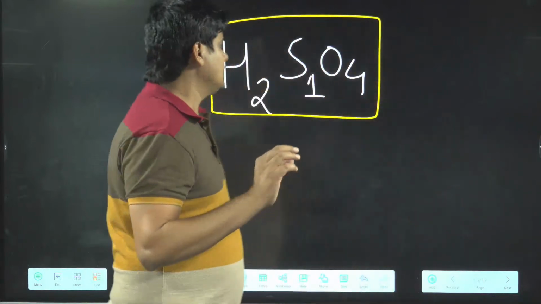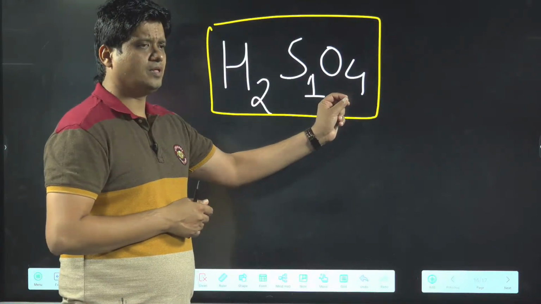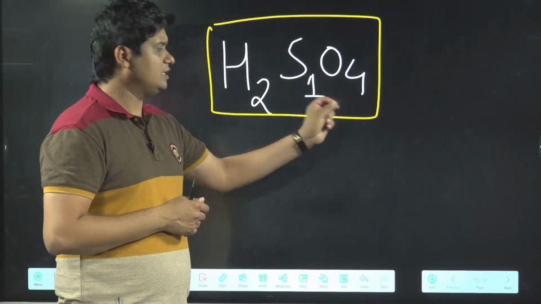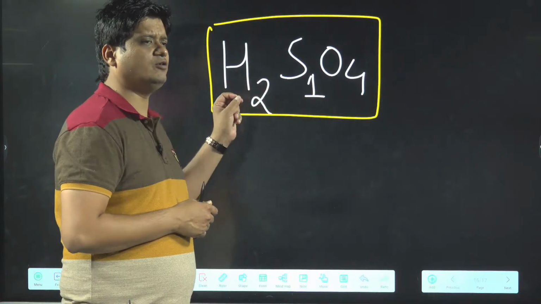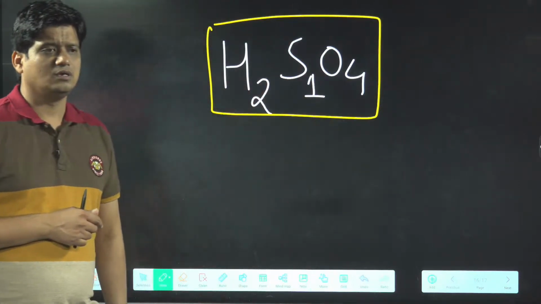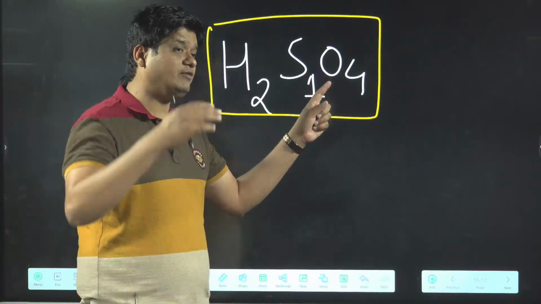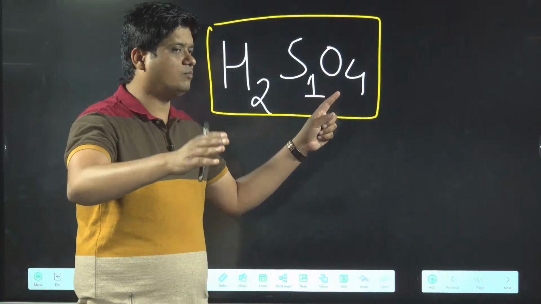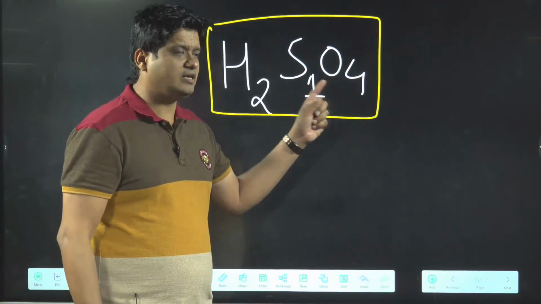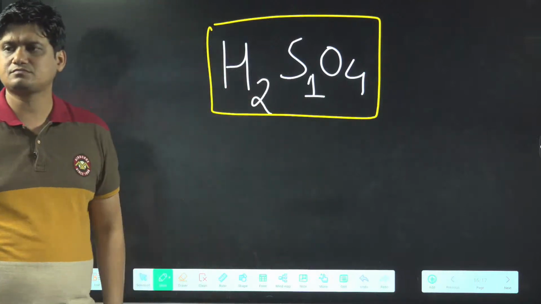Likewise, if 4 oxygen atoms are there, then 1 sulfur atom will be present and 2 hydrogen atoms will be present in the H2SO4 molecule. In terms of mole, if 4 moles of oxygen atoms are present, then 1 mole of sulfur and 2 moles of hydrogen will be there.